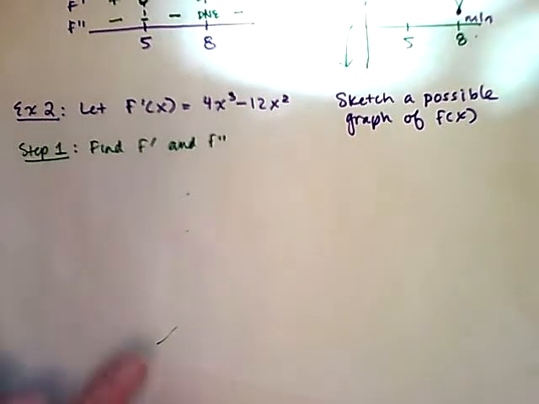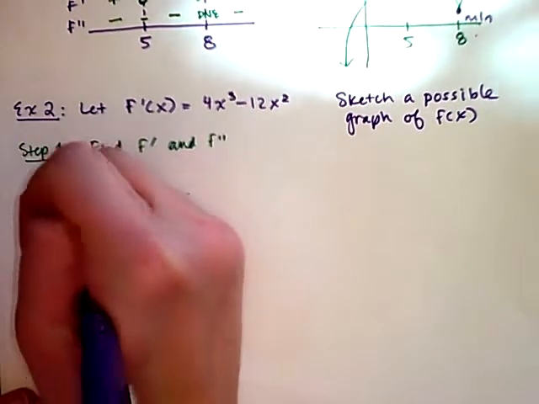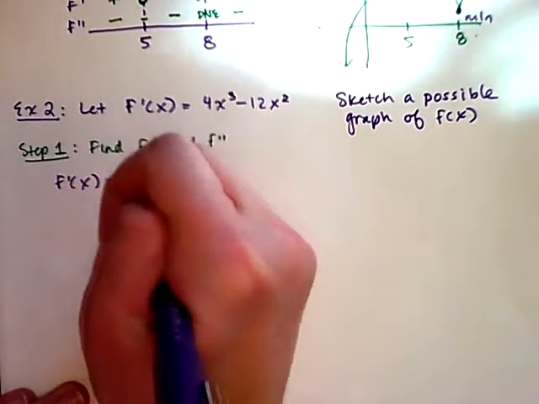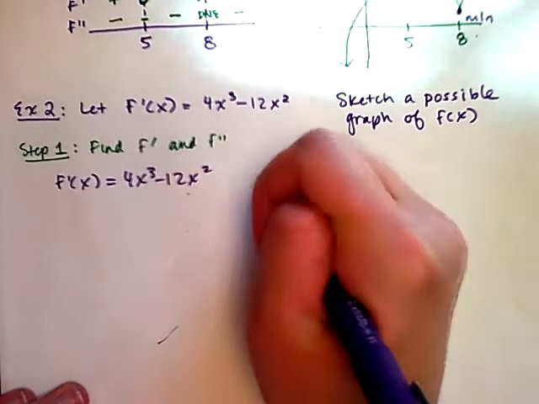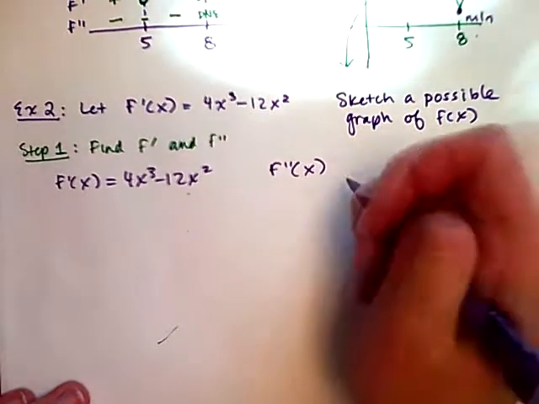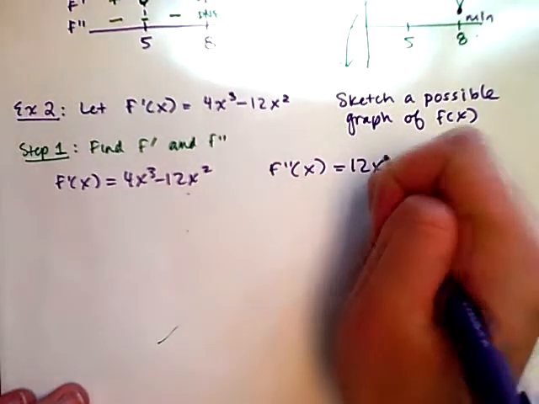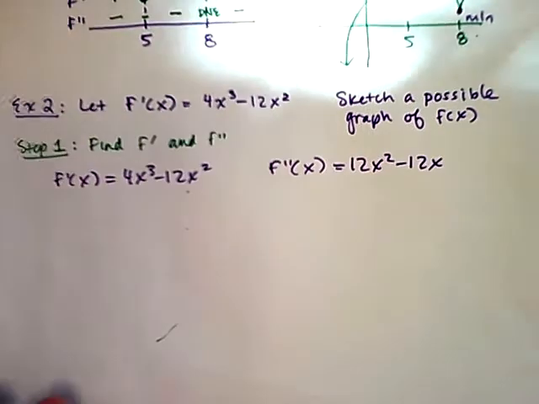I already have f prime, right? We were given f prime, so f prime of x is 4x to the third minus 12x squared. I can find f double prime by taking the derivative of f prime, and I get 12x squared minus 12x.